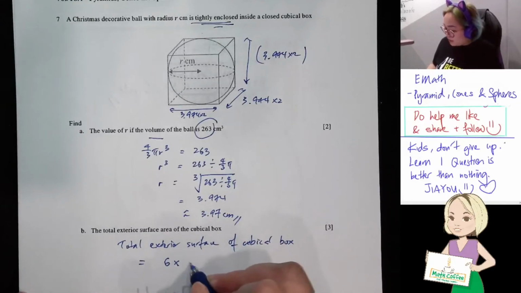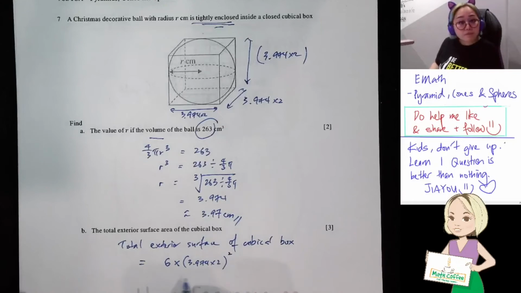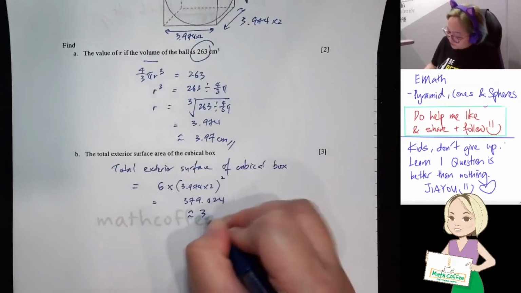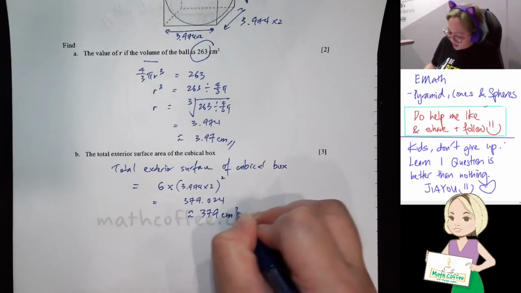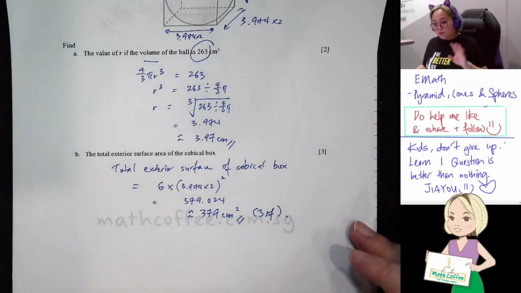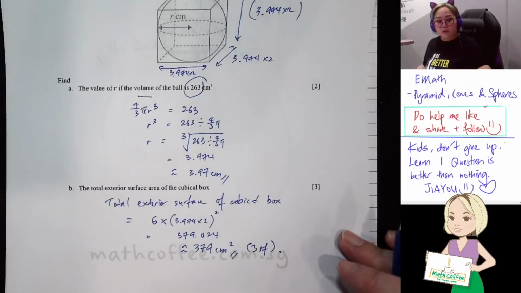So area of the square will be the diameter, which is 3.974 times 2, squared. And we will get 379.024. Round off to 3SF, we will get 379 cm squared. That will be the total exterior surface area of the cube.